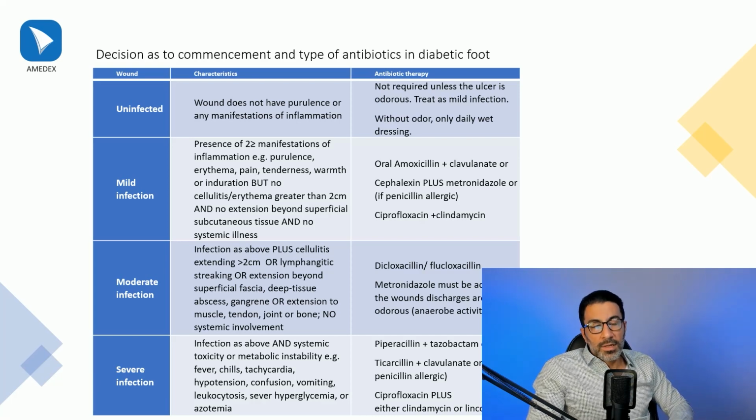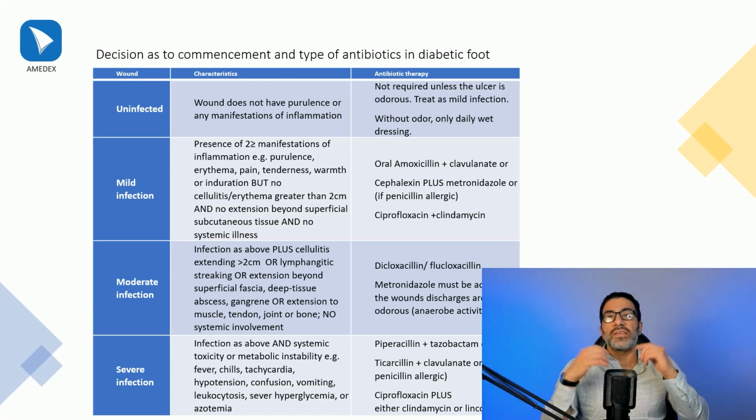Oral amoxicillin clavulanate, or we can just substitute that with cephalexin plus metronidazole to cover anaerobes. If the patient is penicillin allergic, we're going to give him or her ciprofloxacin plus clindamycin.